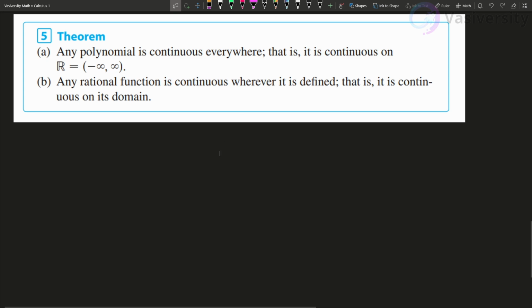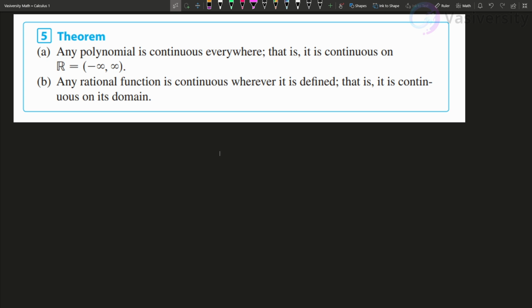A: any polynomial is continuous everywhere, that is, it is continuous on the entire real number line. B: any rational function is continuous wherever it is defined, that is, it's continuous on its domain. That would make sense, right? We can be continuous on the domain.